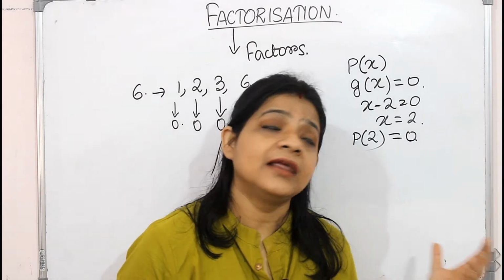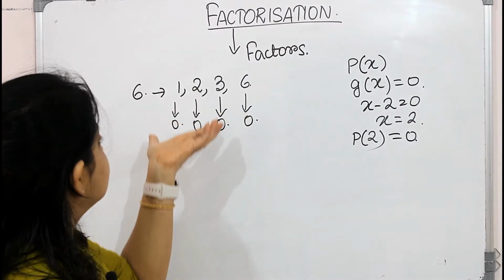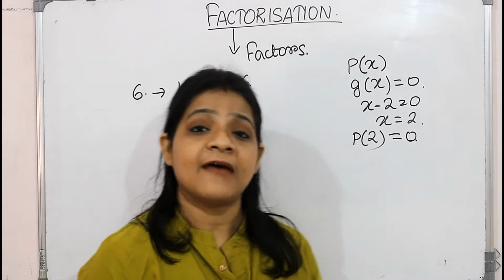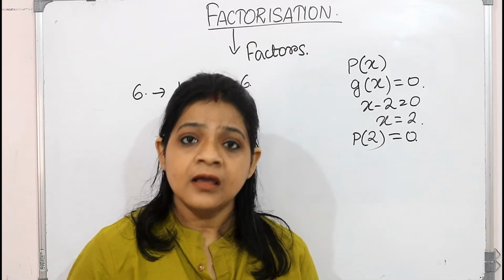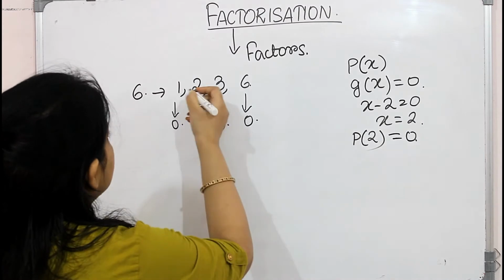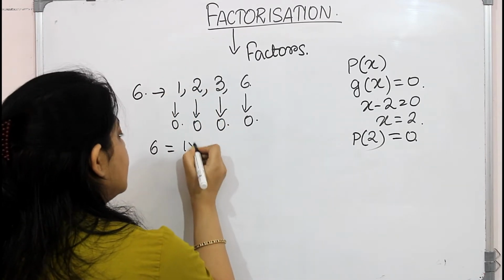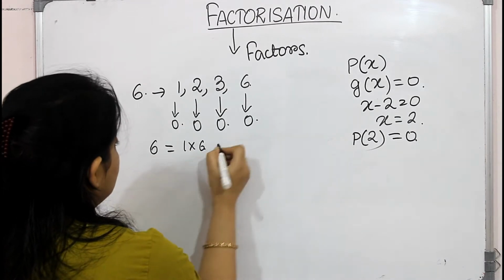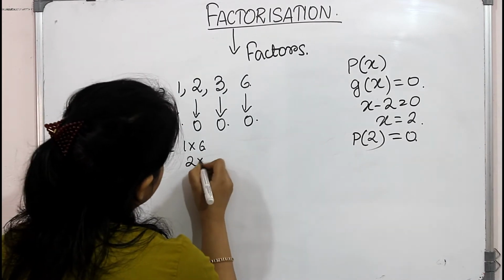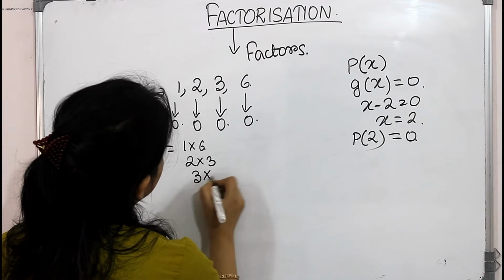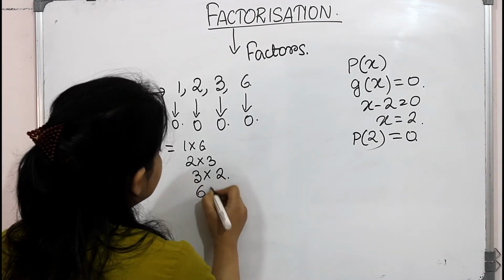We are just telling you that 1, 2, 3, 6 are the factors of 6, right? If you want to get 6, you can do 1 into 6, 2 into 3, 3 into 2, or 6 into 1.